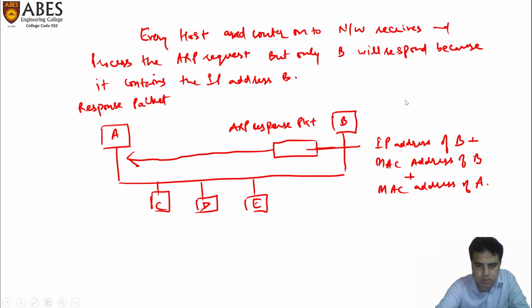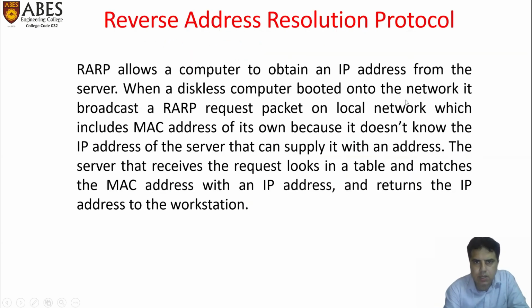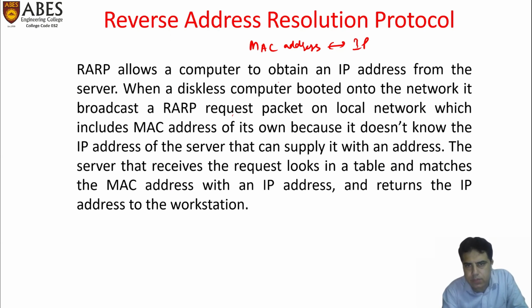Now next is RARP. RARP stands for Reverse Address Resolution Protocol. It is used to map a MAC address to the corresponding IP address. That's why it is called Reverse Address Resolution Protocol. RARP allows a computer to obtain an IP address from the server.